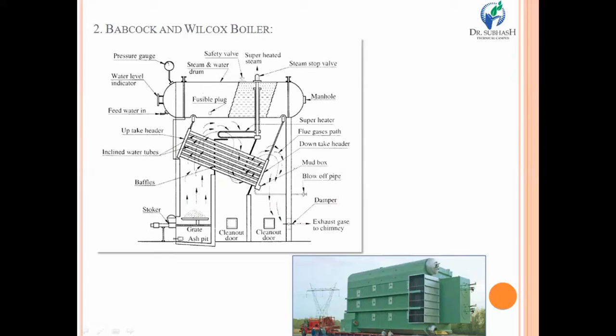Suppose at some instant or periodic time we need some maintenance work. It may be possible that the maintenance of a boiler takes a few days. After completion of that maintenance work, when you start the boiler, the interior surfaces and all the parts have very low heat absorption at the initial time.